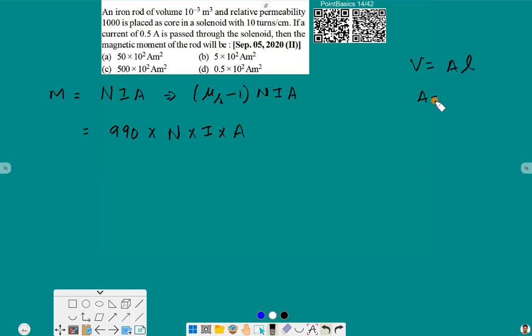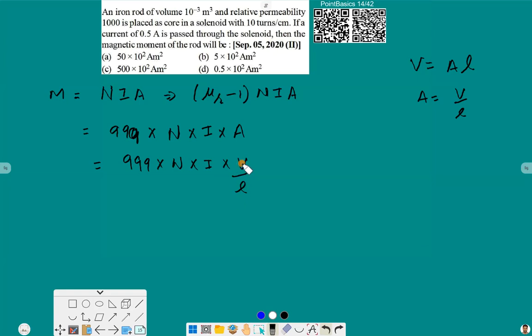So area becomes volume by length. So 999 into N into I into V by L.